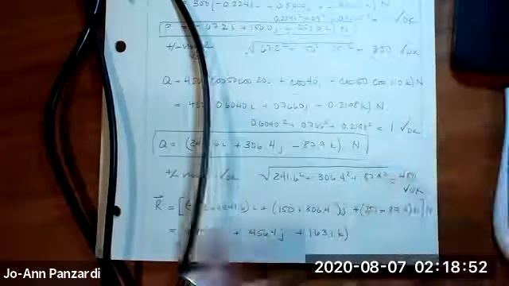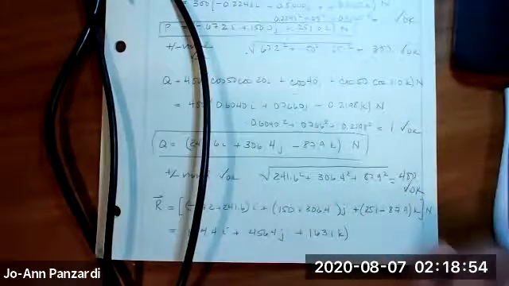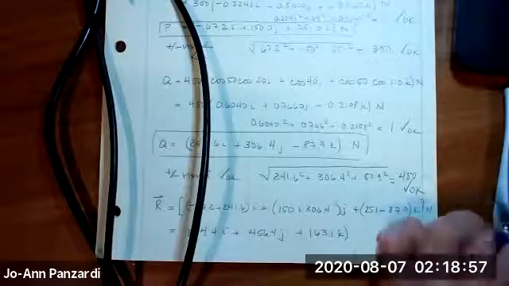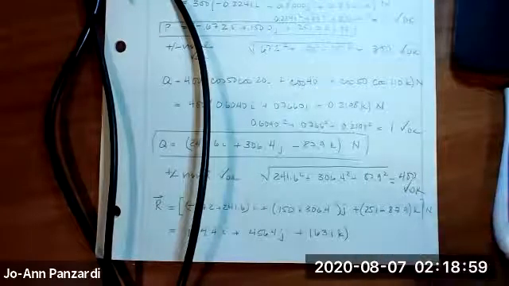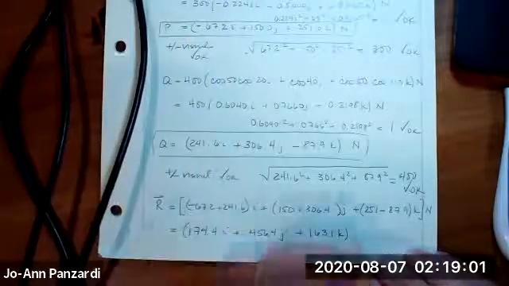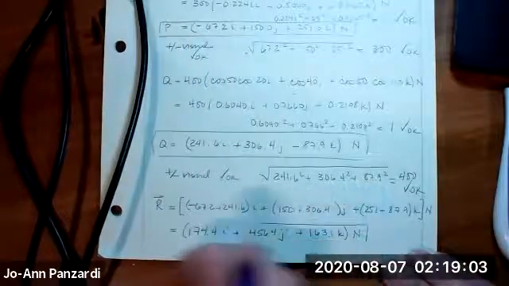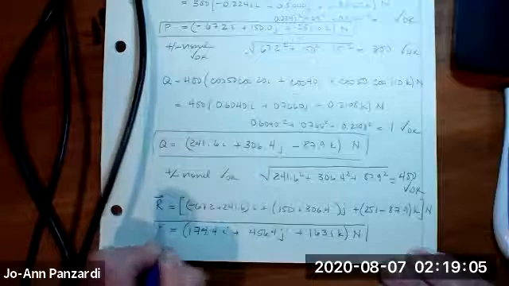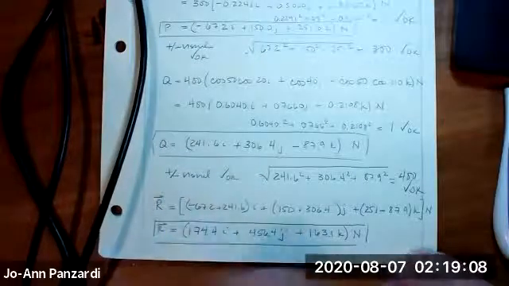And let me just check this first one: 241.6 minus 67.2 is 174.4. Great. Newtons. And this is my resultant in vector form.